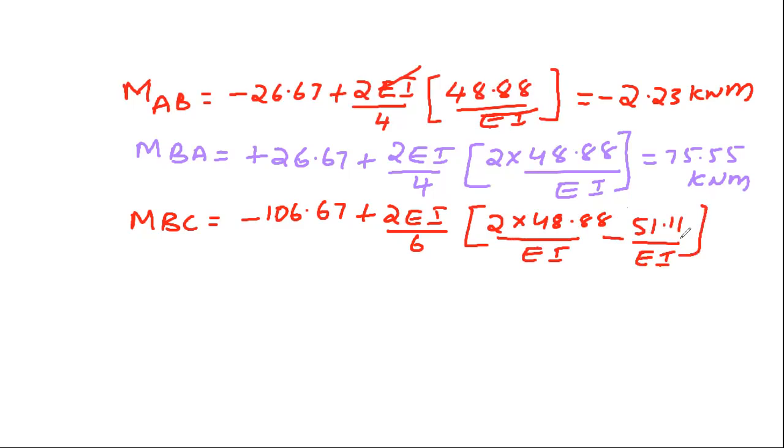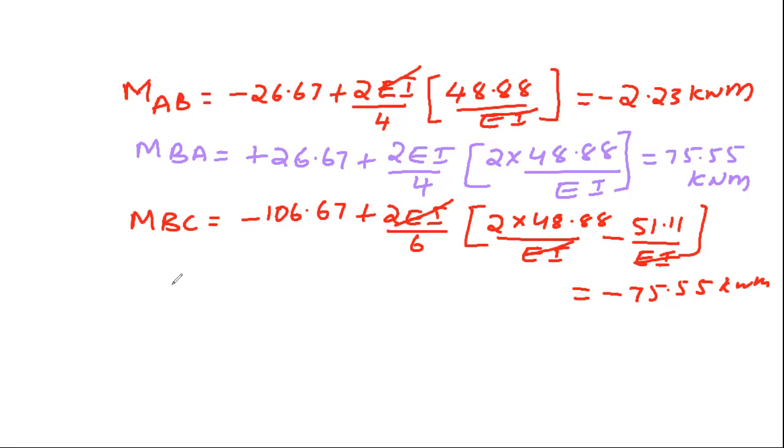Delta is 0. After solving, you will be getting minus 75.55 kilonewton meter. This EI will get cancelled over here. So 2 times 48 is 96, 4 by 6. You solve it, you will get the answers.